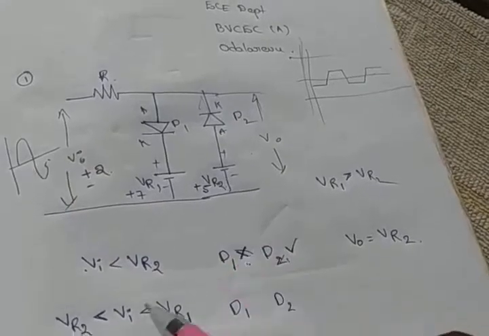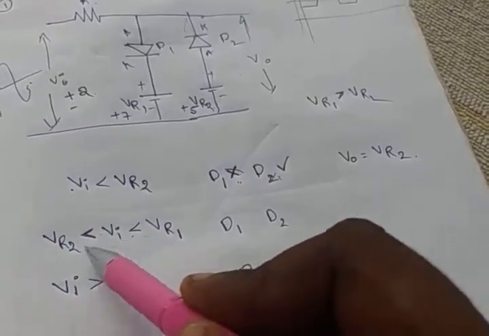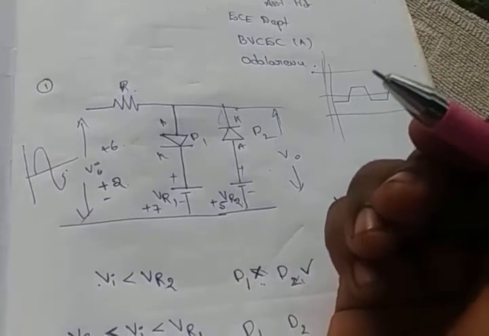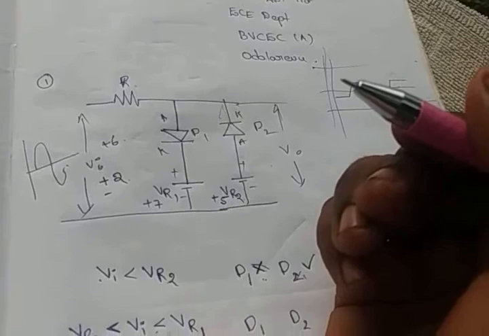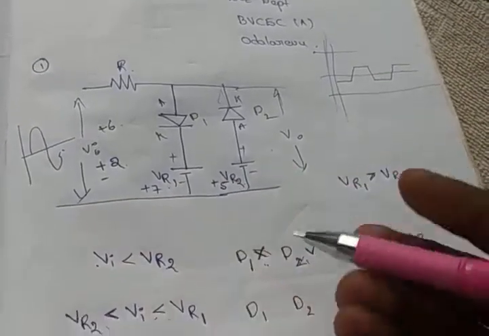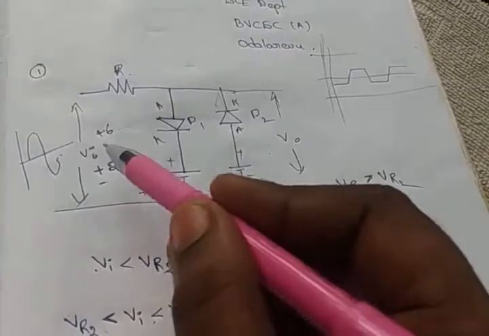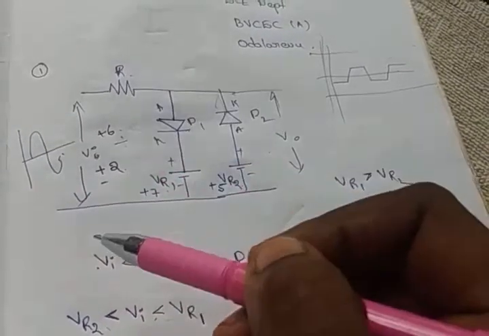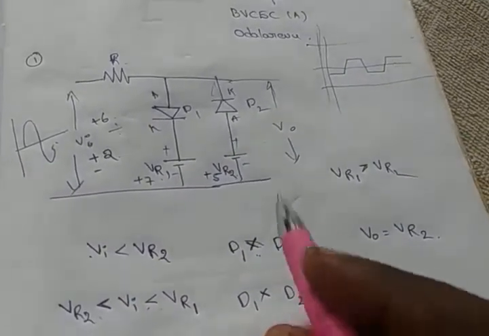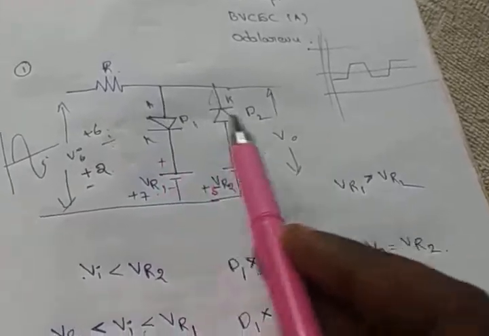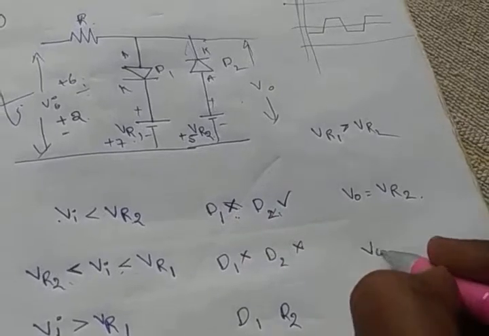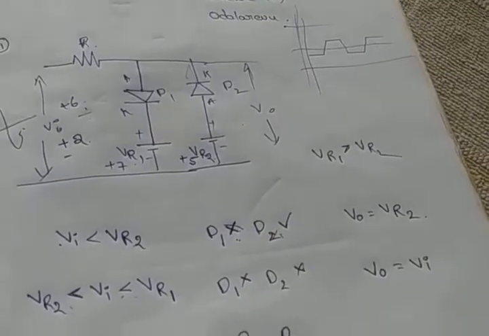In between VR2 and VR1, for example take plus 6, Vi is lesser than VR1, so diode D1 will be off. It is greater than VR2, so diode D2 will also be off. If both diodes are in the off state, both act as open circuits, so whatever input we supply will be presented at the output.